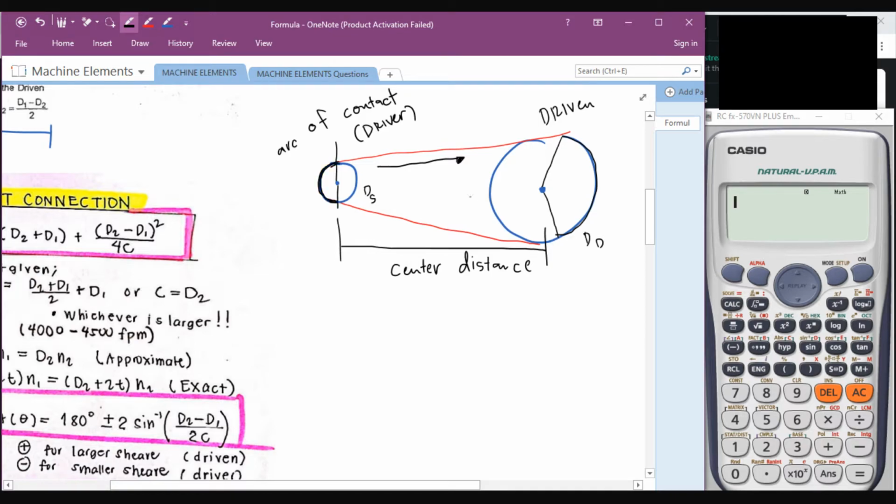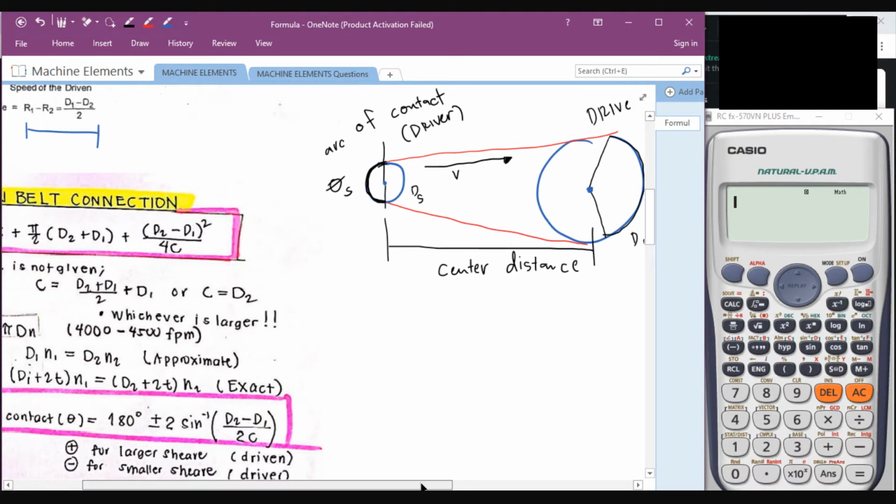Okay? Ang tawag dyan is the linear speed or the velocity. Now, dito meron kang arc of contact, ibig sabihin it is measured in degrees. So that is theta nung sa sheave, dito naman theta nung sa driver. And marami tayong formula para makuha yan.